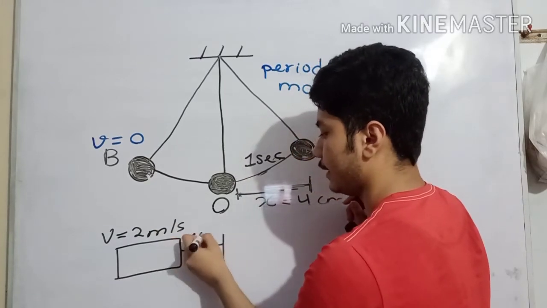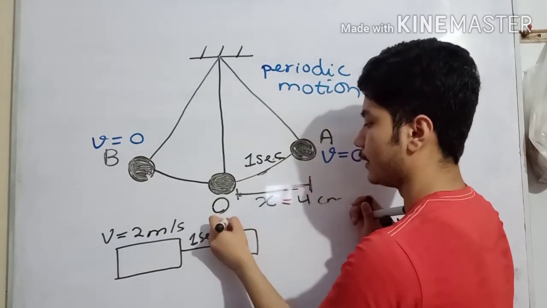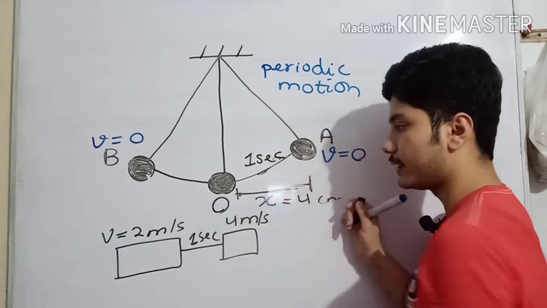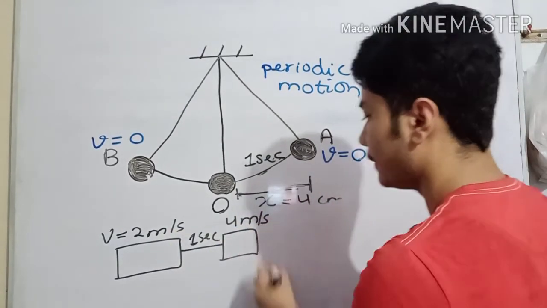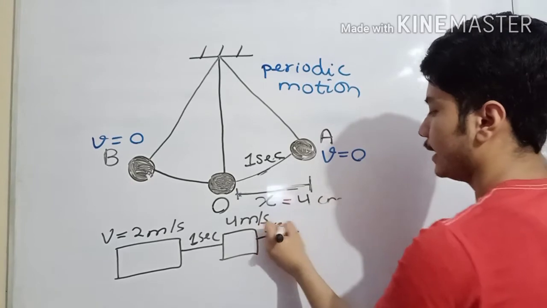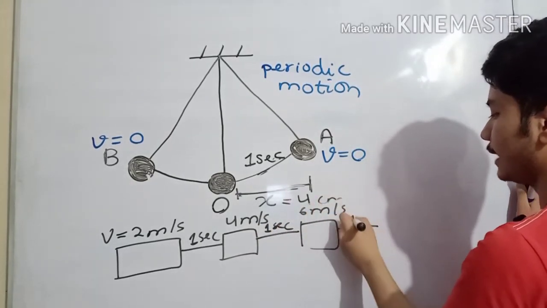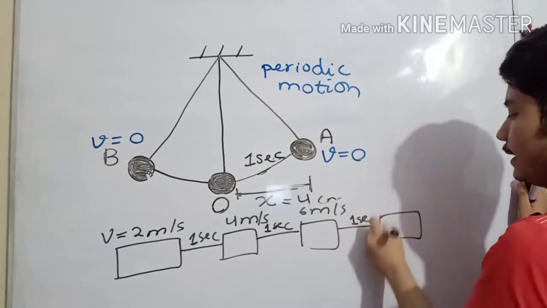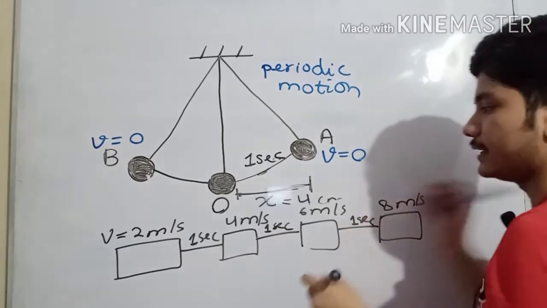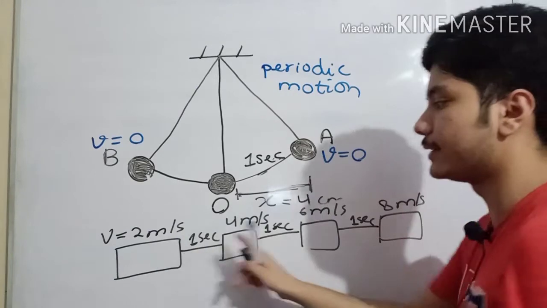After 1 second, its velocity increases by 2 meters and becomes 4 meters per second. After 1 second, its velocity becomes 6 meters per second. After another second, it becomes 8 meters per second. So you can see in every second its velocity is increasing.